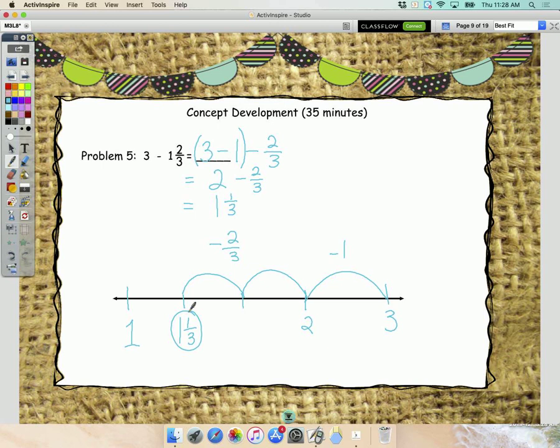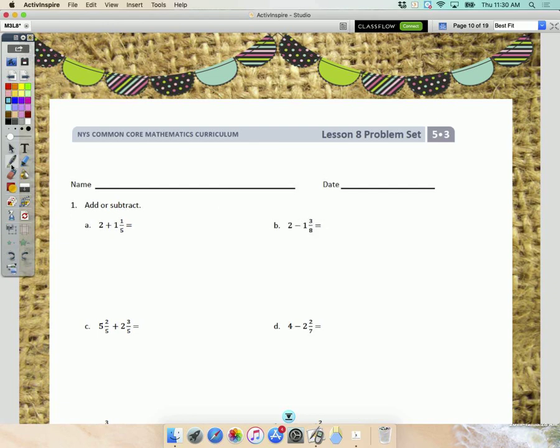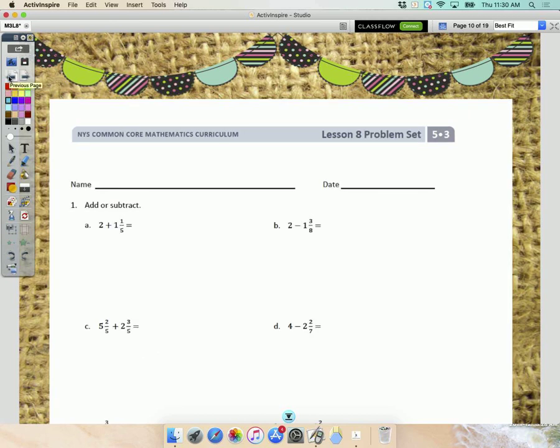So I'm going to pause it while we get the other papers. So, boys and girls, we're going to have 2 papers. We're going to have the problem set, and we're going to have the template. Okay? I want you to have both of those right beside you.